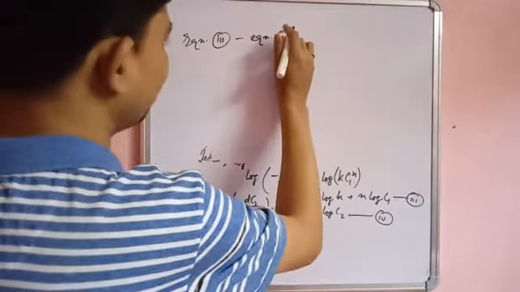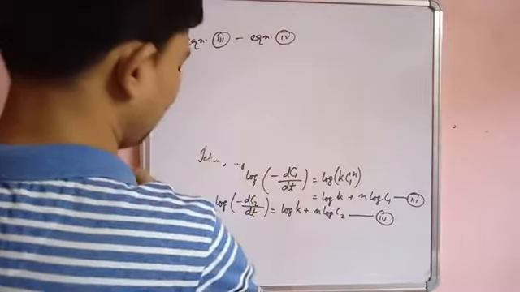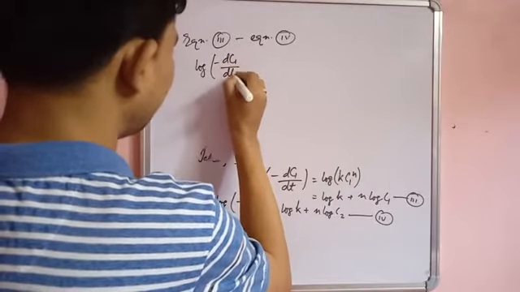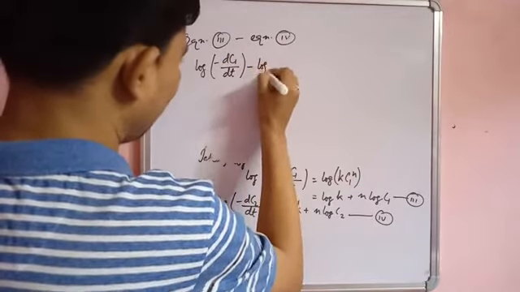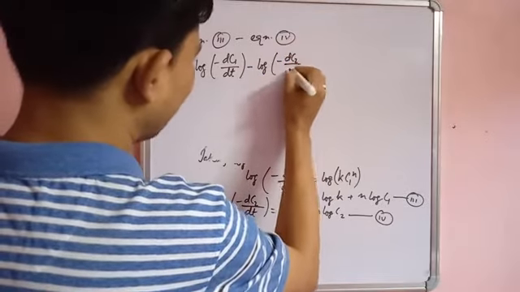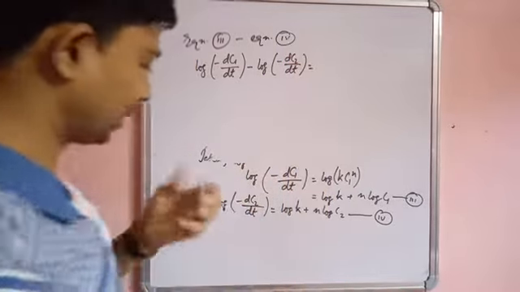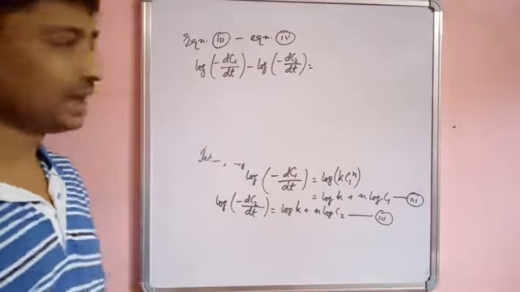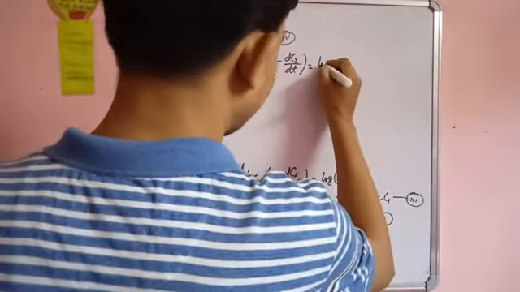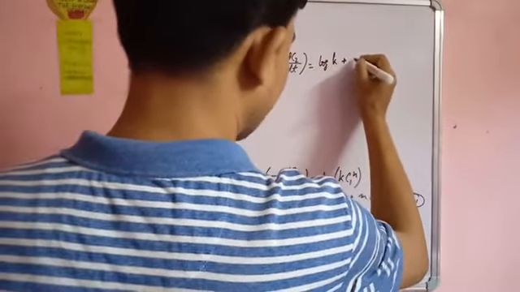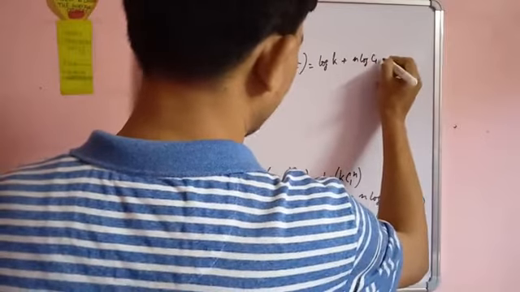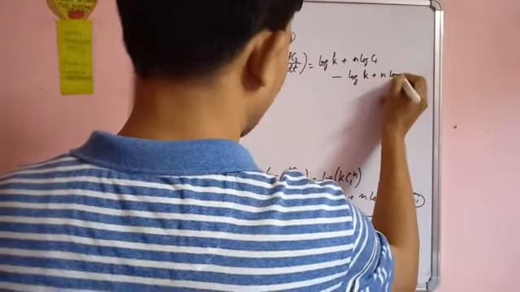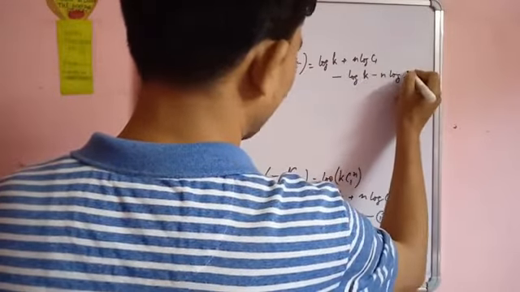So log of minus dC1 by dt minus log of minus dC2 by dt is equal to log K plus n log C1 minus log K plus n log C2, not plus, it will be minus n log C2.